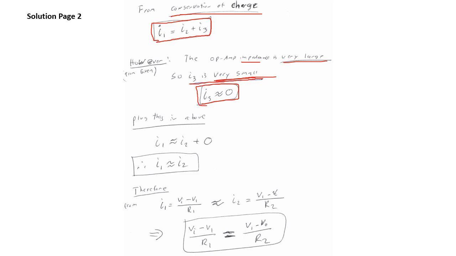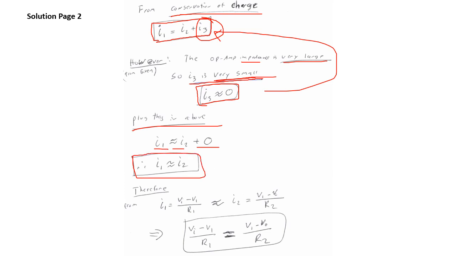Plugging that in, I1 is approximately equal to I2 plus 0. So I1 is approximately equal to I2, based on the fact that the op-amp impedance is very large and therefore I3 is very small, or 0.